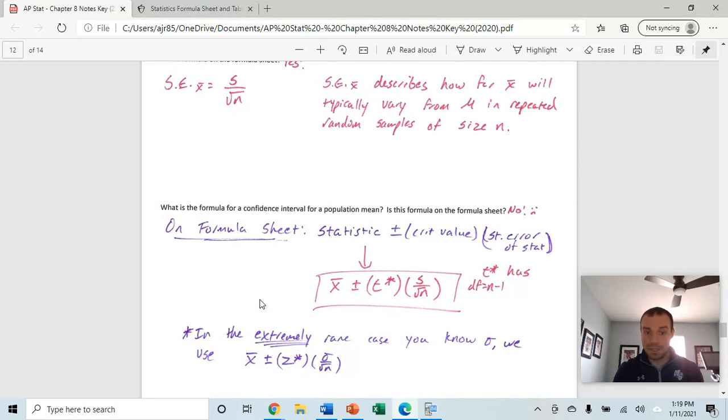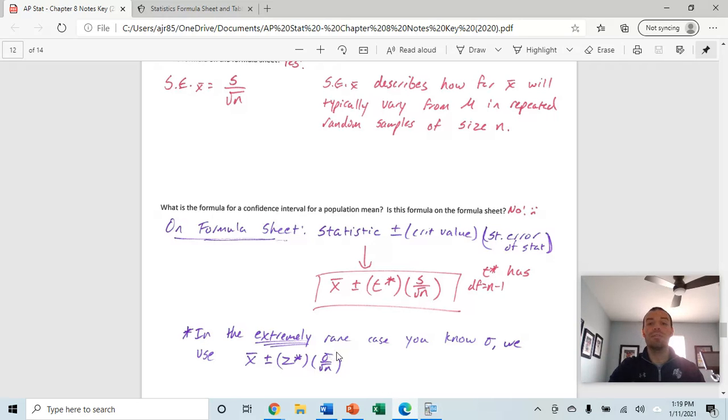The specific formula for the confidence interval for means is not on the formula sheet, but it's your statistic plus or minus your critical value times the standard error of the statistic. For mean problems, we're looking at an x bar, aka your sample mean, plus or minus, most commonly t star, your critical value, times s, your sample standard deviation, over the square root of n.